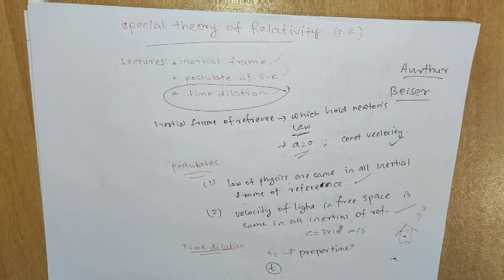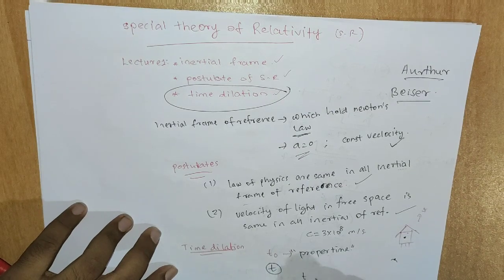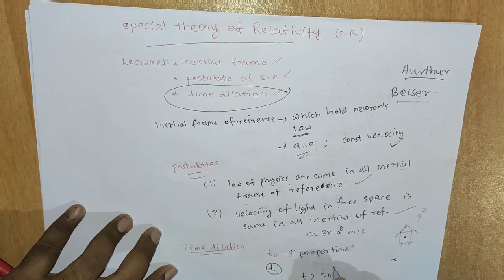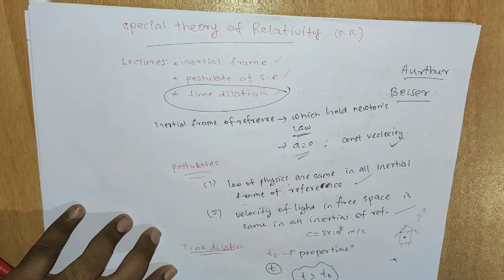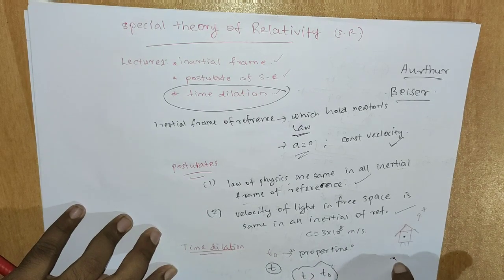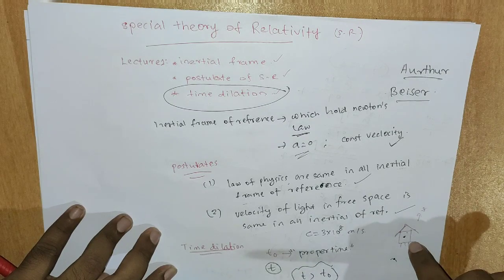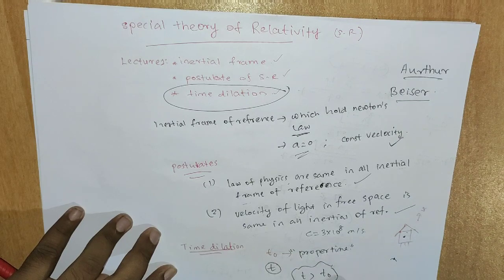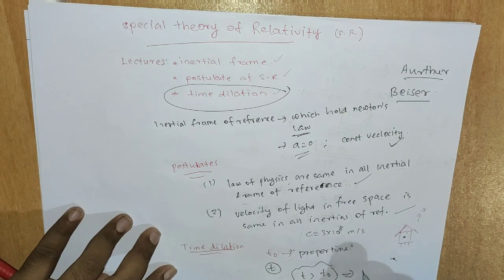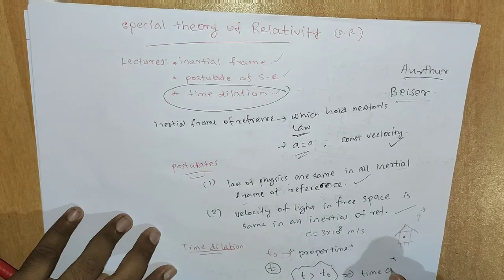Because of the relative motion, we find that t is greater than t0. t is the time measured by the man on earth, and t0 is the time measured by the man in the aerocraft. This is called time dilation.